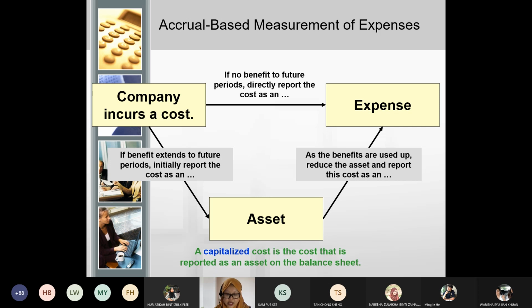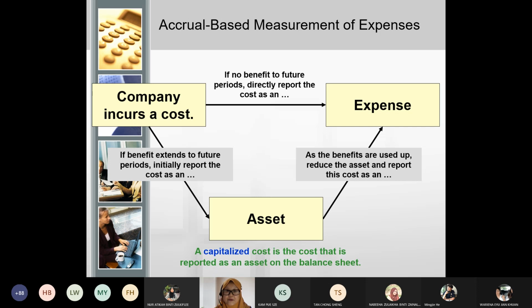Okay. If the costs do not benefit future periods, if there's no benefit in the future periods, then we have to report it as expenses. Okay, so if it is an expense, then we have to report it in the income statement.